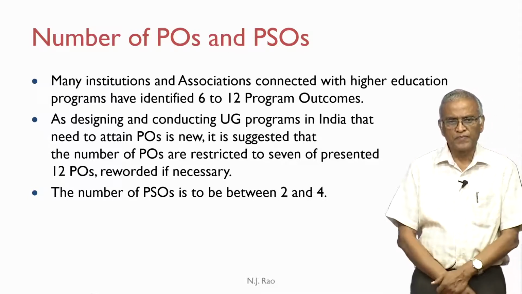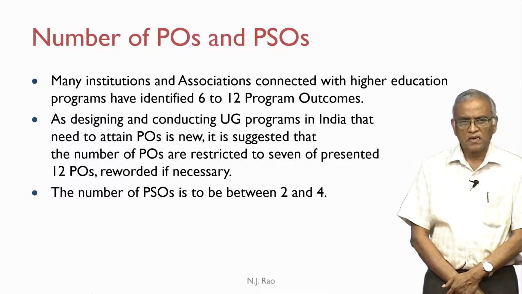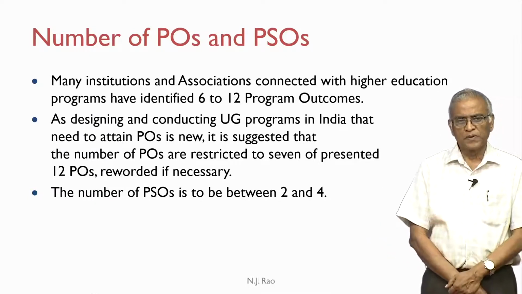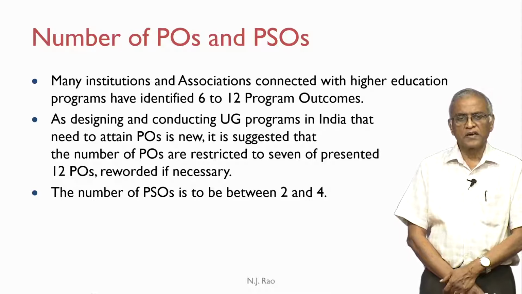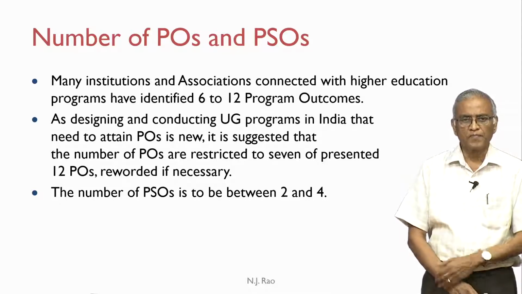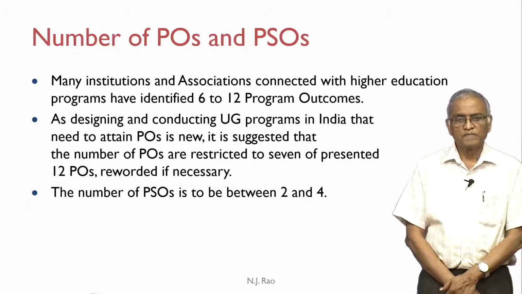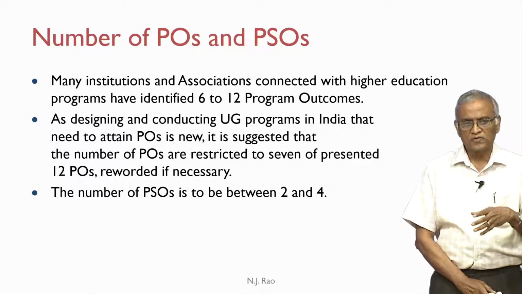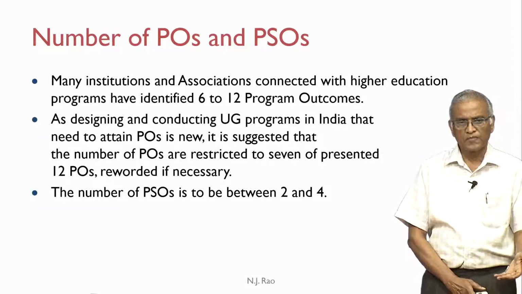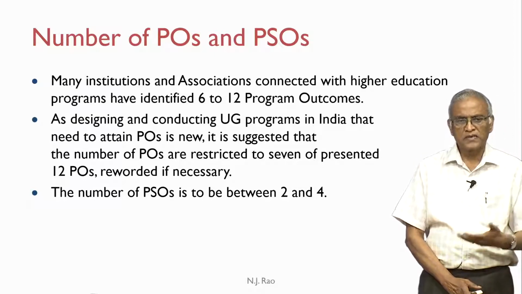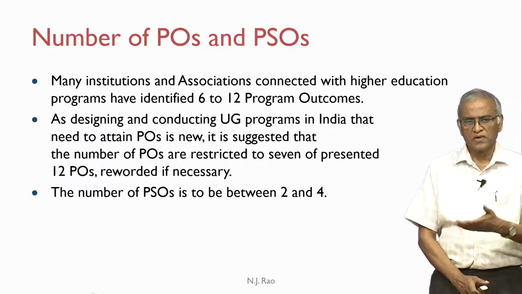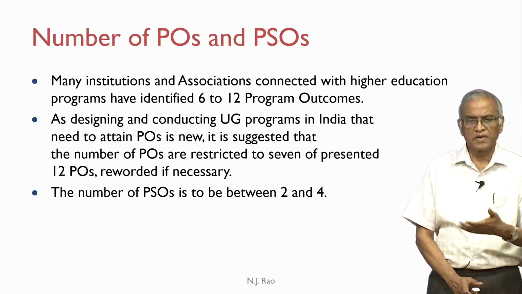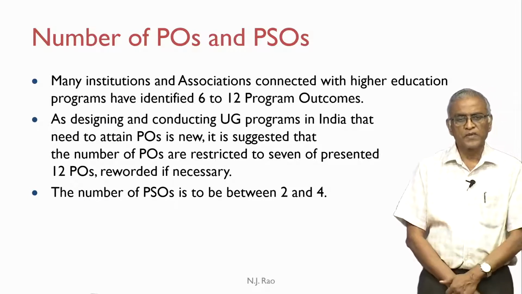For example, as this experience is new, instead of writing too many of them elaborately, you can pick something like 7 out of the 12 that were presented to you in the course, and if necessary, reword them. The statements can be reworded to suit your institution.